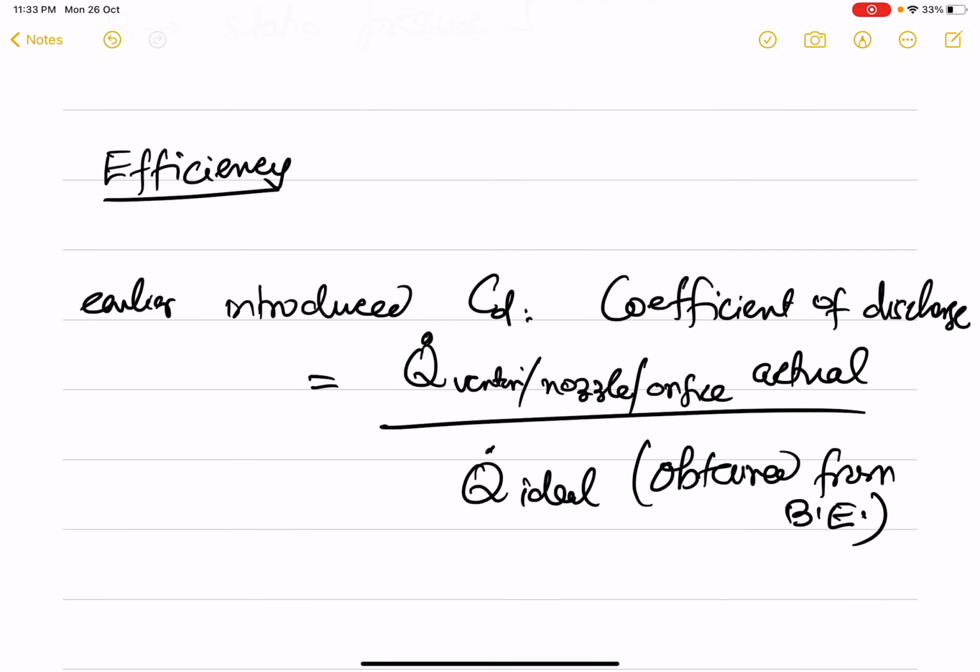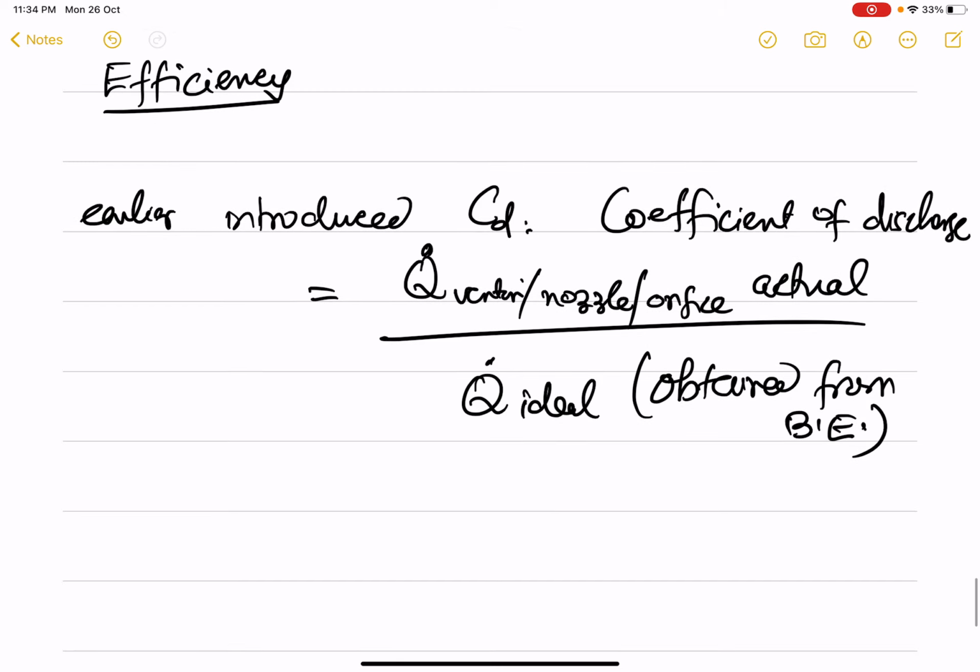And the ratio of these two is less than 1, because the actual flow rate has losses. What are the reasons for the losses? Well, the flow is not one-dimensional, viscosity effects are important, and flow bends and all these things. So therefore, we have this coefficient of discharge, and in an ideal flow this would be 1, but for an actual device, this is not 1.